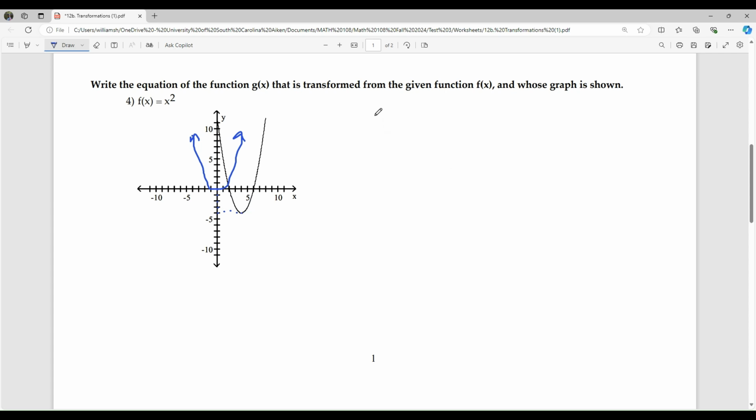Okay, so I'm going down 4, going right 4.